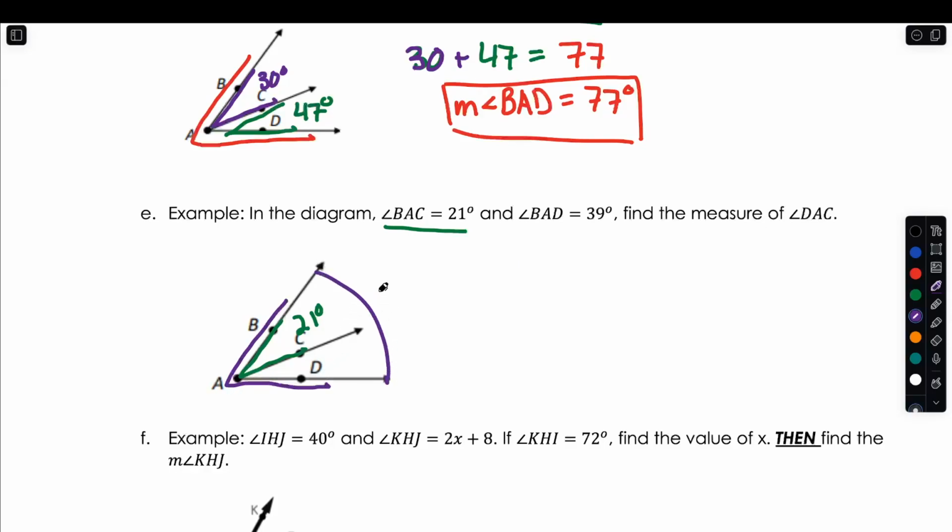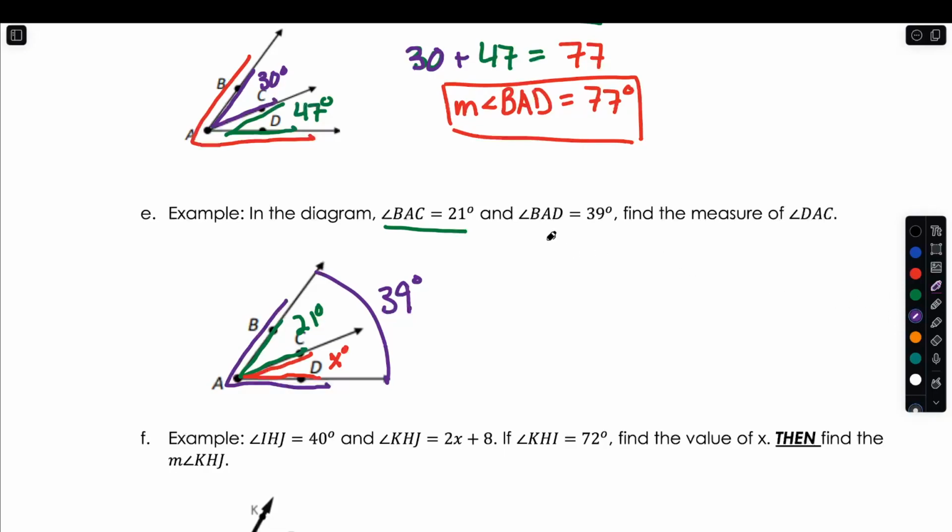So this whole thing is 39 degrees. And it says to find the measure of angle DAC. So take a moment, think about how would I find that angle? And we'll use the letter X to represent it. If you said subtract, that's exactly right.